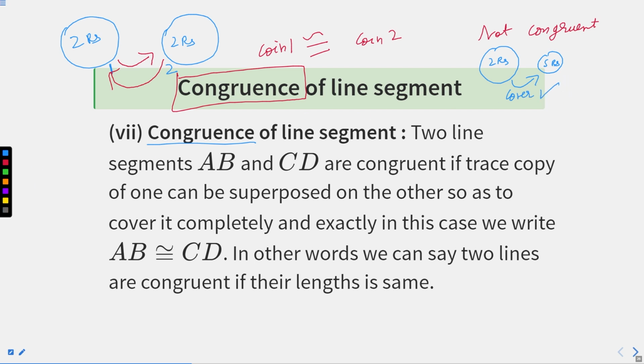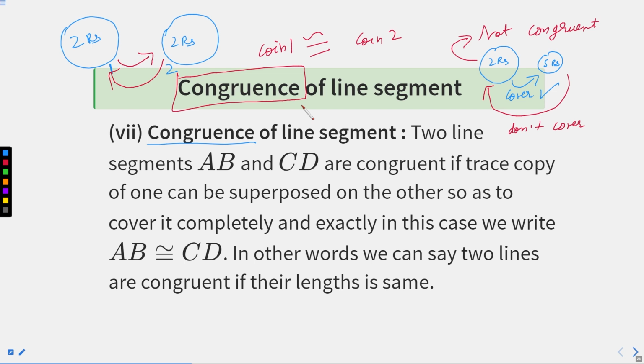But if you try to cover the 2 rupee coin with the 5 rupee coin, it won't cover. So we say that these coins are not congruent to each other. I hope from these two examples you are getting the concept of congruence.